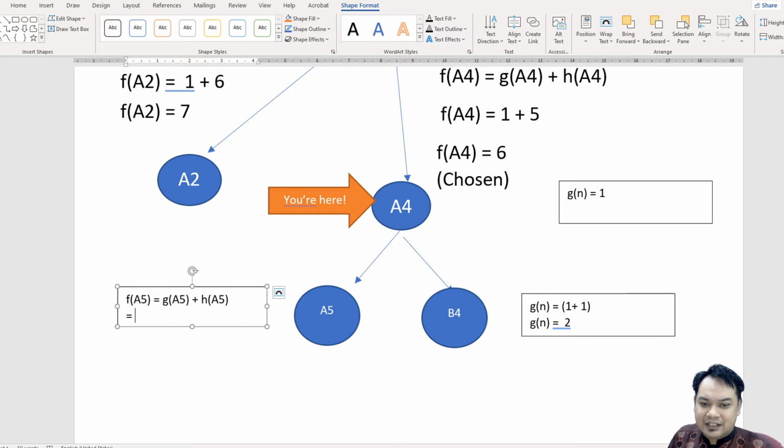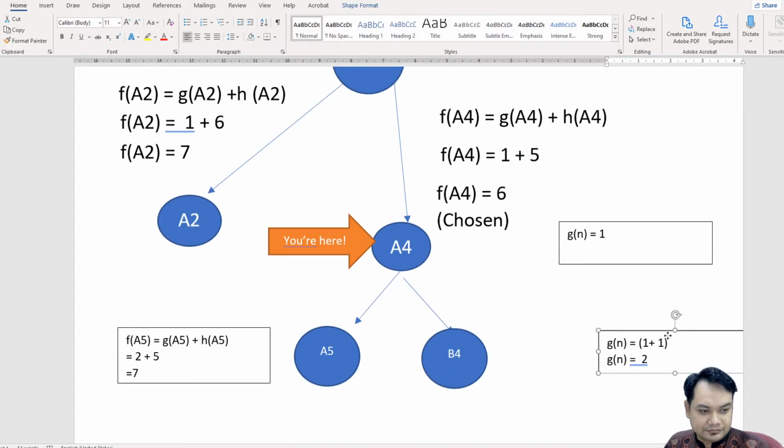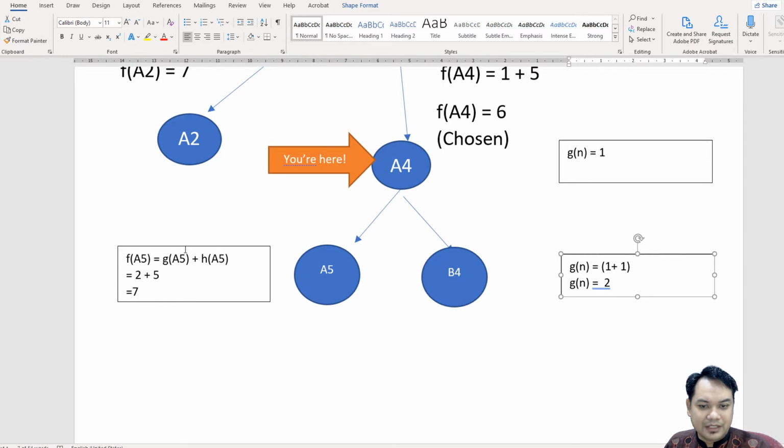And then we have GA5 is 2 plus 5, so equals to 7. Okay, the cost would be 7. Okay, kita nak kira pula untuk B4.